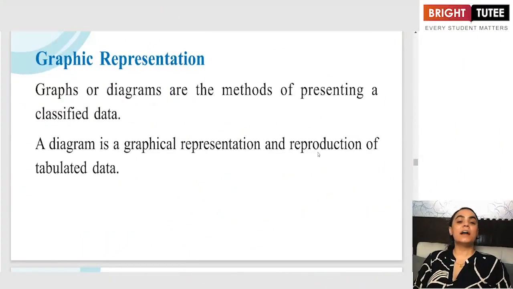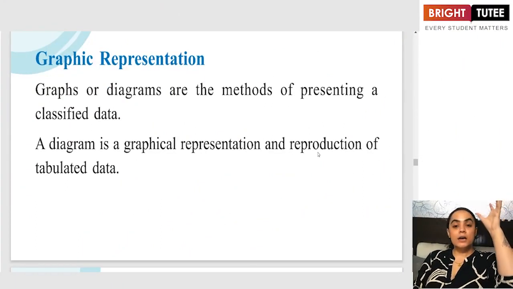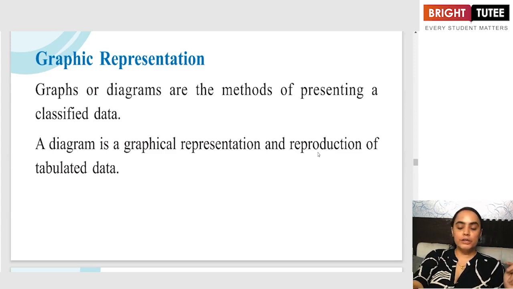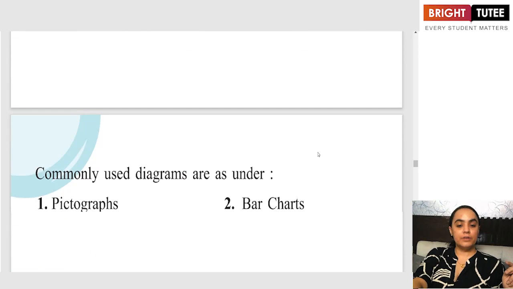Next is the graphical representation. Now, as the name suggests, depicting the tabulated data with the help of a diagram or with the help of a graph. That is the graphical representation. We are going to learn about three graphical representations.